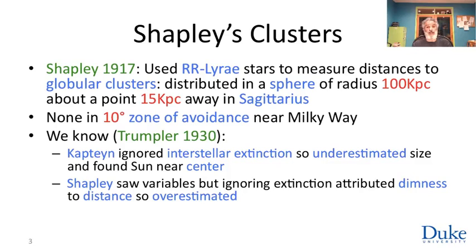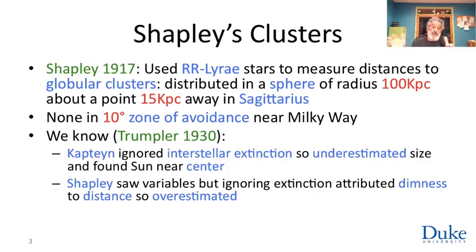How did ignoring this influence the results? Well, when Kapteyn was counting stars, he basically assumed that stars he couldn't see did not exist, but there were stars that he could not see because they were too dim due to extinction. And for this reason, he underestimated the size of the universe. He also was placing the sun much too close to the center, because essentially, if your visibility is limited by extinction, then you will be, unless you're very near the edge, in the center of what you can see.